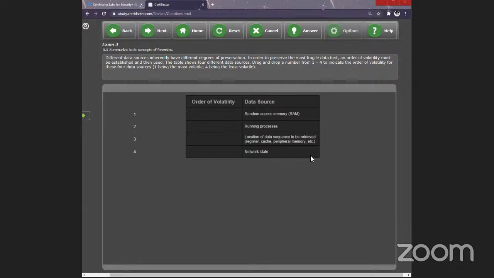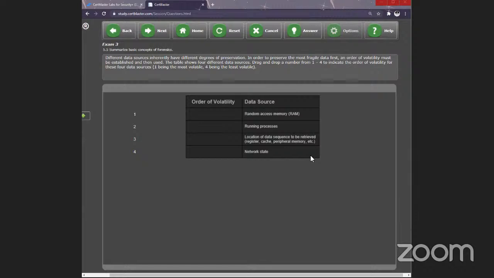So different data sources inherently have different degrees of preservation. In order to preserve the most fragile data first, an order of volatility must be established and then used. The table shows 4 different data sources.